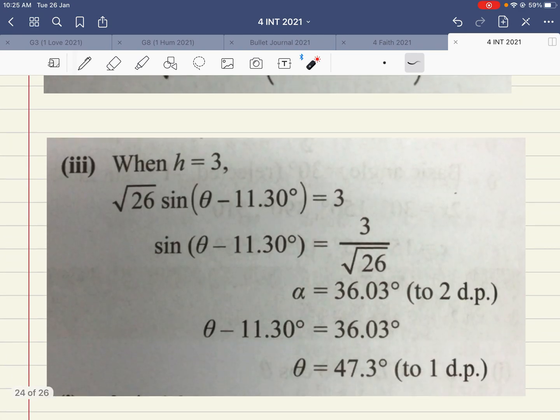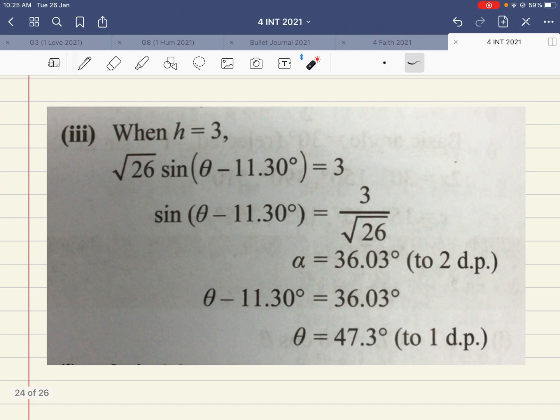Now, to solve this for part 3, I think this is basics from the very beginning of chapter 11 itself. So when h equals 3, I use h equals 3 here. You divide both sides by square root of 26, and we get to this line here. You inverse sine 3 over square root 26. The basic angle is 36.03 degrees.